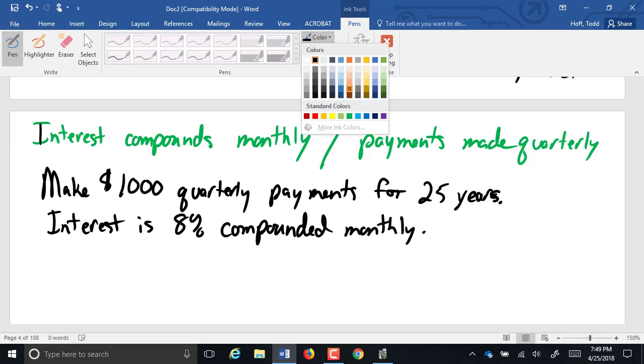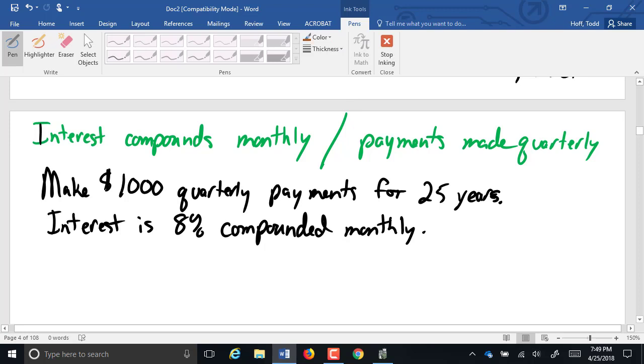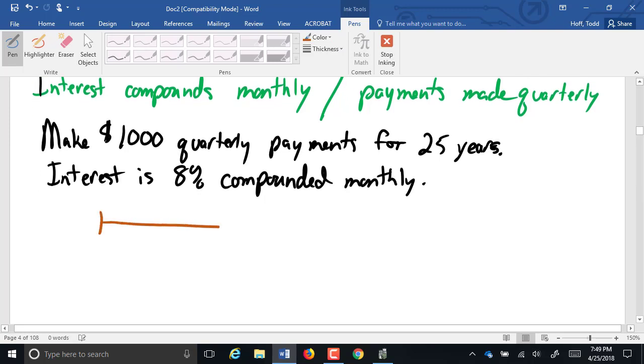So what's going on here? We're looking for that future value again. But what's going on here now in the course of the year?